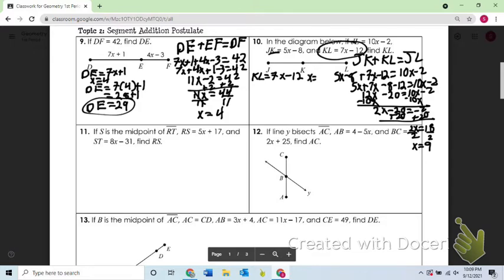We know that x equals 9, so we can plug that 9 back in. We get 7 times 9 minus 12, or 63 minus 12, which is going to give us 51. So KL equals 51.